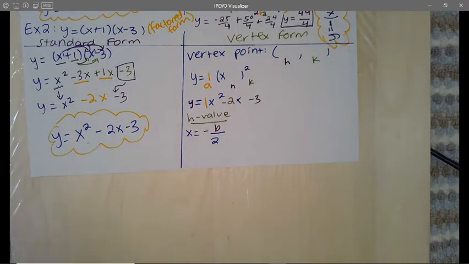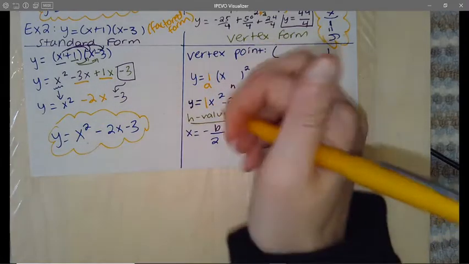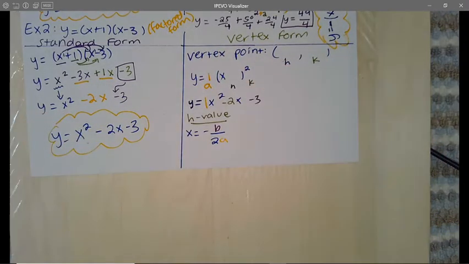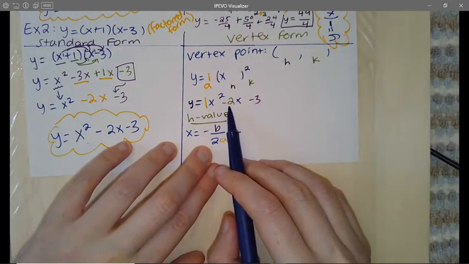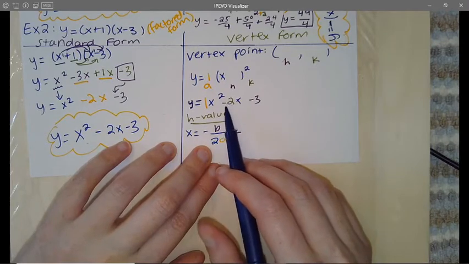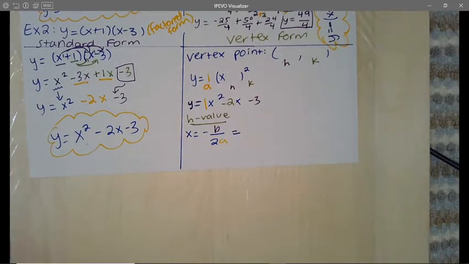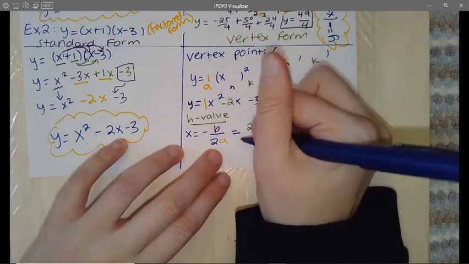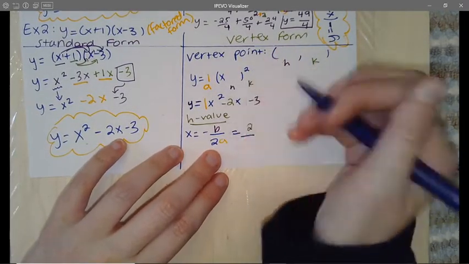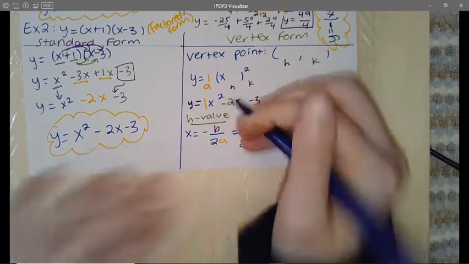So let's solve for our axis of symmetry. So we have x equals the opposite of b. Well, b is the number in front of the x, so it's -2. And the opposite of -2 is +2 over 2 times my a, which is a 1.